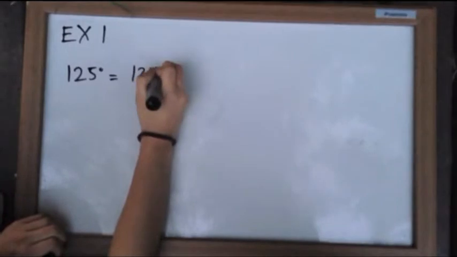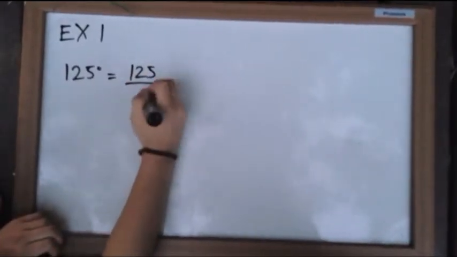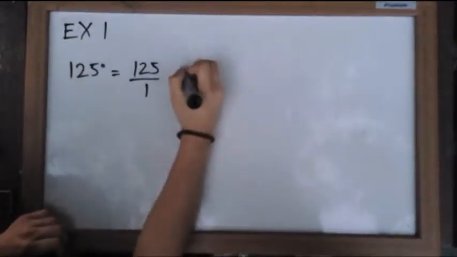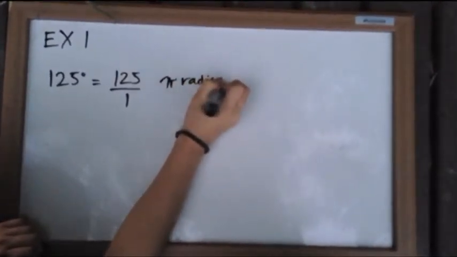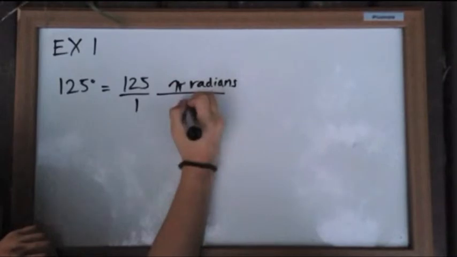So for the first example, we're going to use 125 degrees. So for this one, we're going to do 125, and because it's a degree, we're going to multiply it by pi radians over 180.